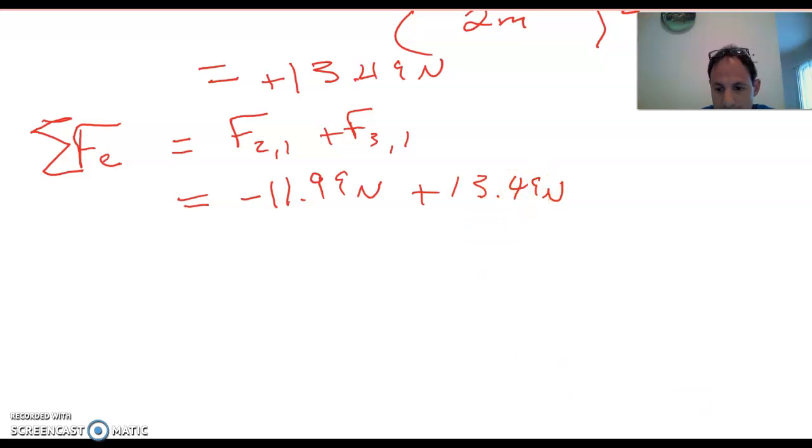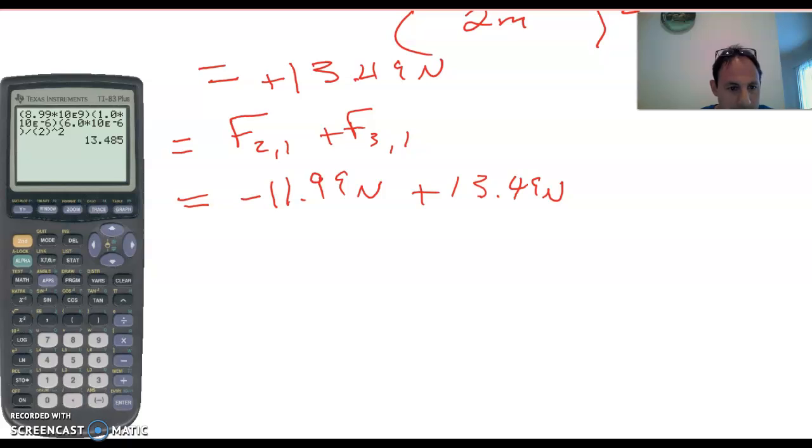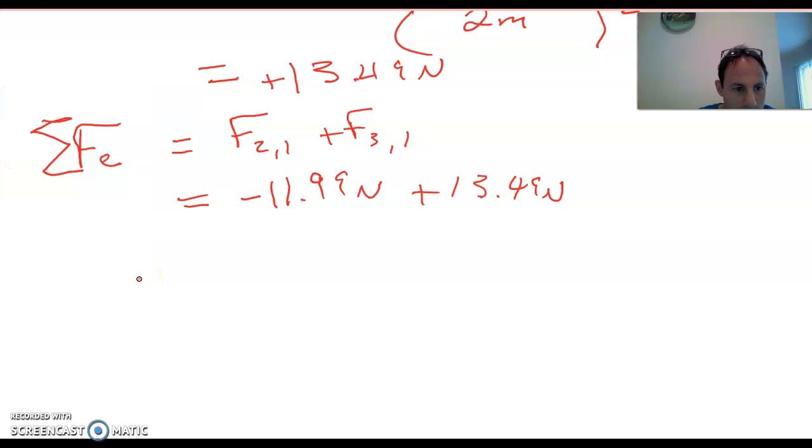Since we have that value already stored, we'll just add that to negative 11.99, and there's our answer to that part. 1.495 newtons or 1.5 newtons. That is the total force, the combined force of those two charges on charge 1.